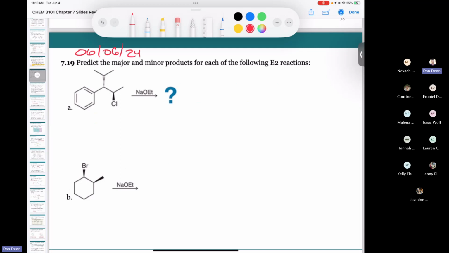And here we have unhindered bases, and you have to determine whether these reactions are going to be stereospecific or stereoselective, and then figure out what the major and minor products are, okay? I'll give you a clue. Both of these are stereoselective, so you're going to end up with major and minor products in both of these specific cases. But I think that would be a good place to start. And by the time you're finished doing a bunch of practice, you'll probably be able to solve these pretty quickly.